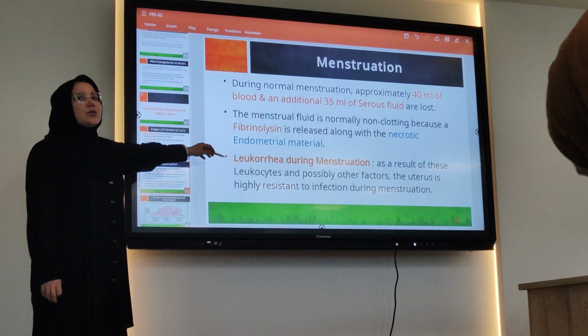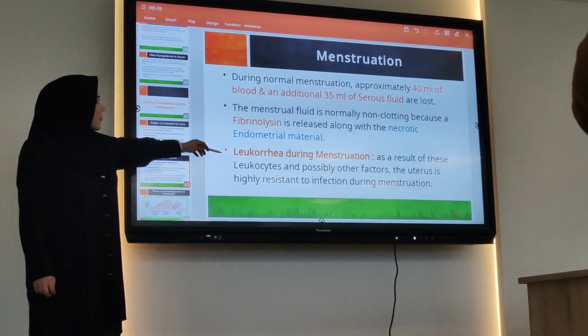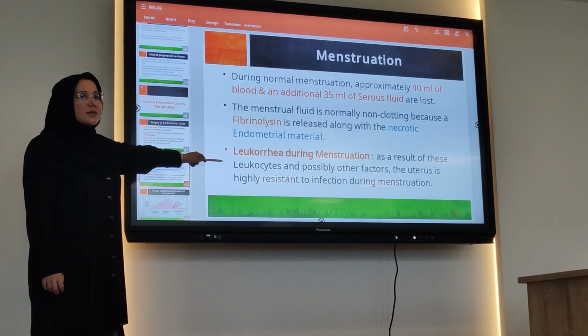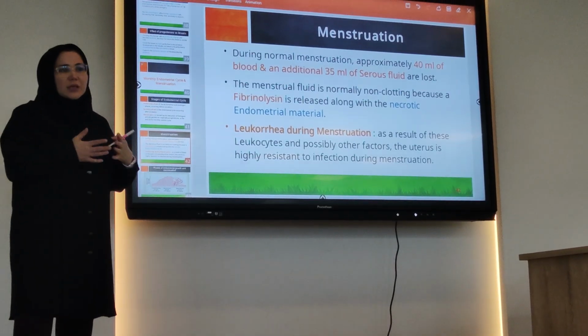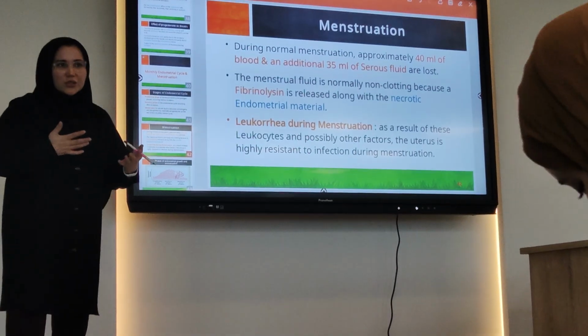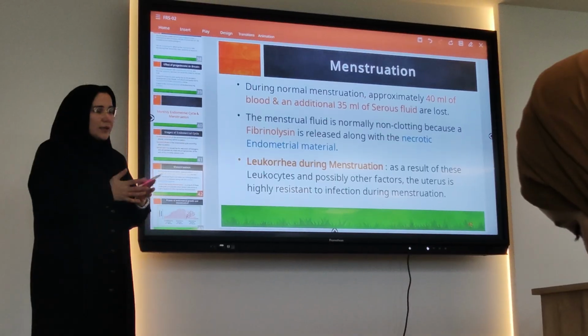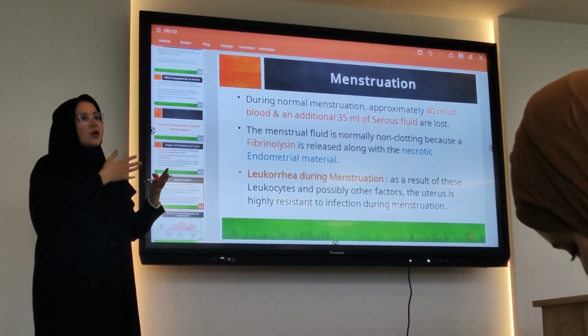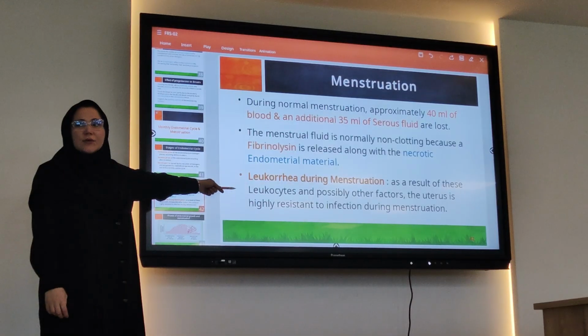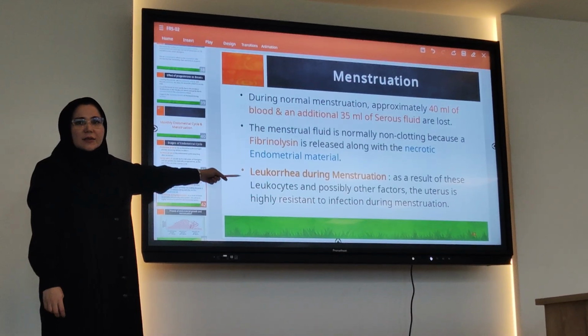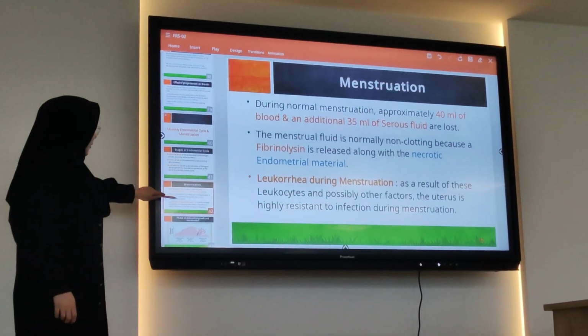And there is leukocytosis, an increased amount of leukocytes in the endometrium to inhibit any kind of infection, because the endometrium is bleeding in this situation. So there is a high amount of leukocytes against any kind of infection in the endometrium.